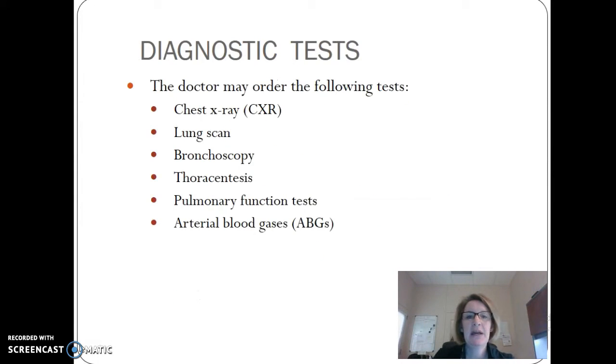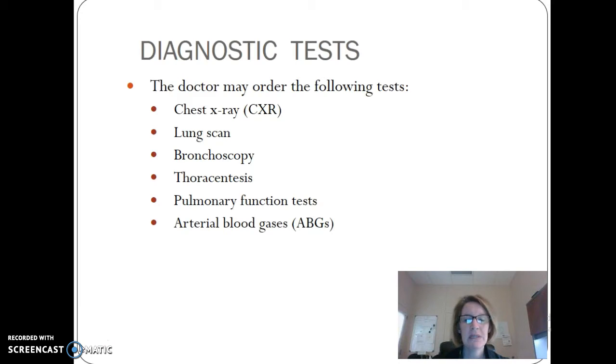Some diagnostic tests might be ordered by a physician if we recognize any problems with the respiratory system. One of the most common would be a chest x-ray. Most of you are familiar with a chest x-ray. Lung scans can be done. Bronchoscopies are a little more invasive, where they would put a tube down someone's throat and see what is going on down in the lungs.